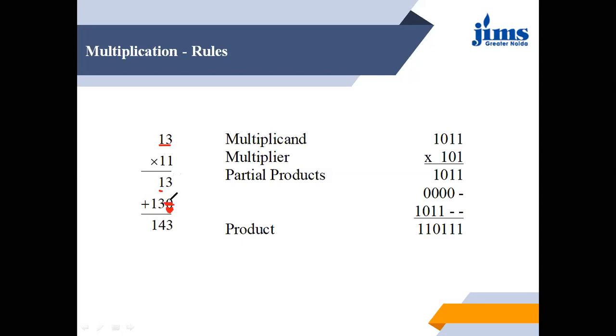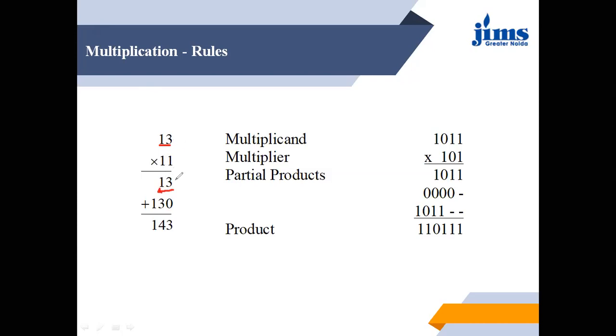Generally in daily life we put a cross over here, or write a 0, and we write the next multiplication from the next bit. It means I am shifting this number left by 1 bit.